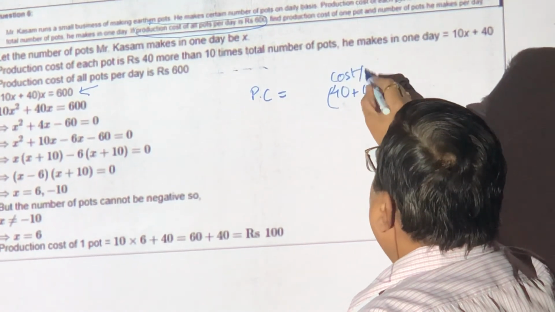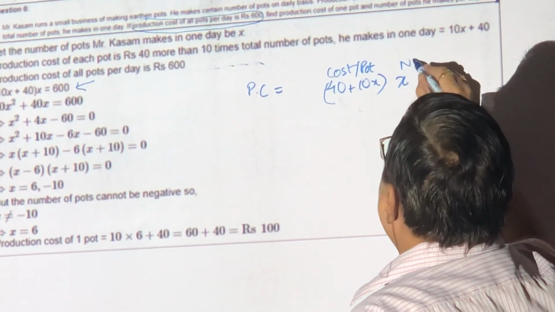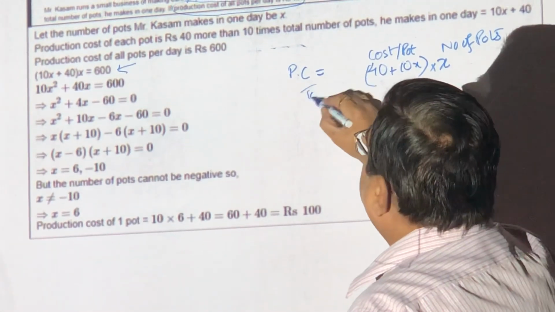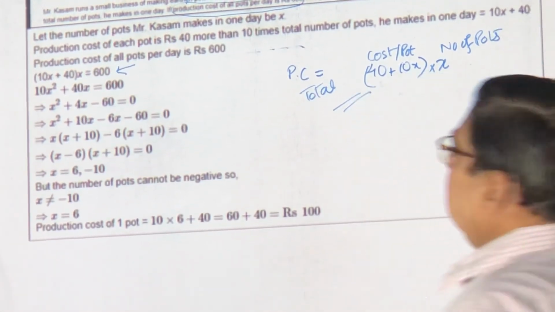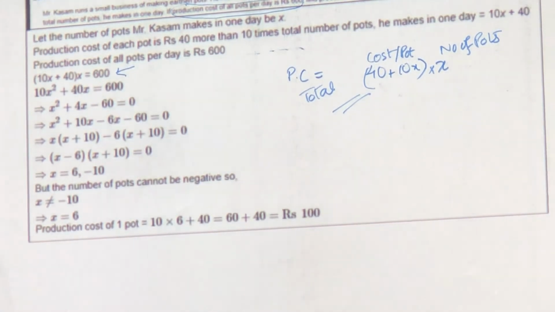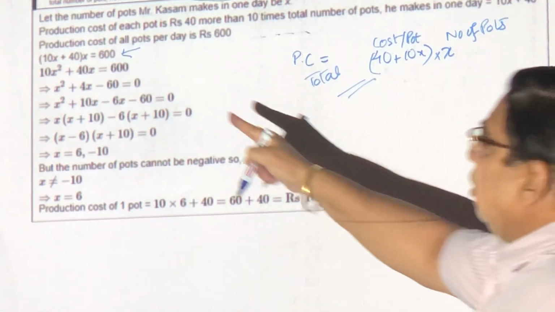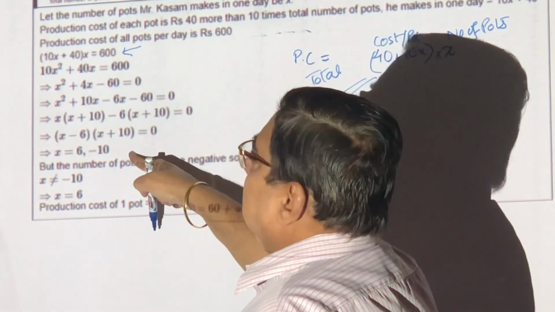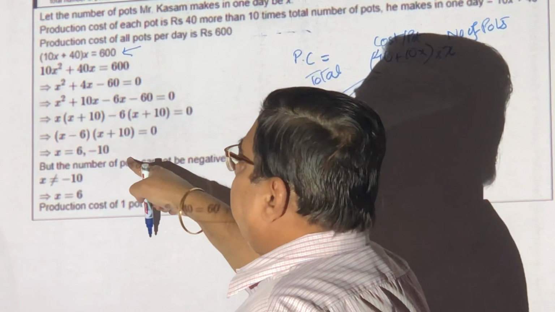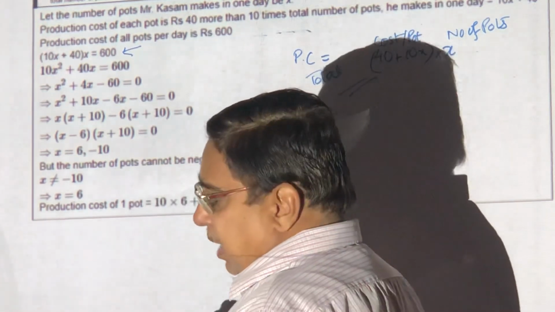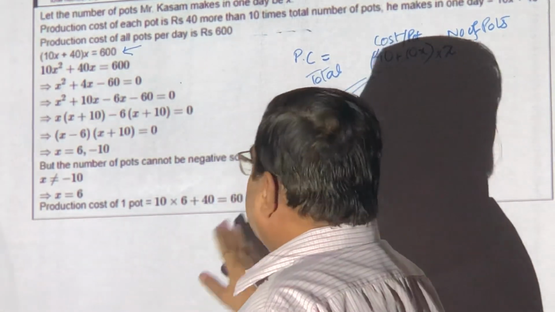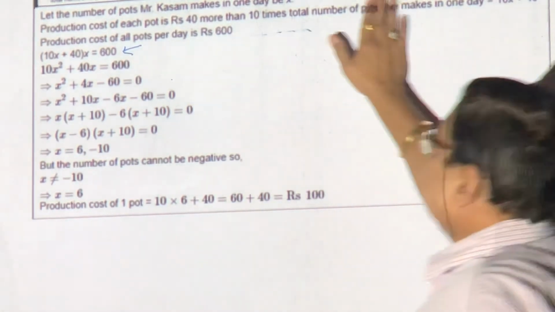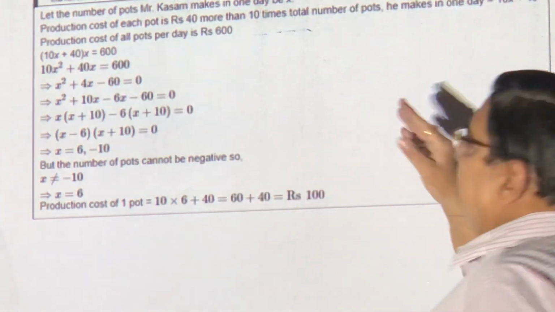Cost per pot into number of pots is the total production cost. Don't forget basic mathematics of 7th standard. That is how I get this equation with 600. Then make it standard form and find the factorization. Now pot cannot be negative, I can't make a pot with -2 rupees. Be careful and then write the answer. This is how I have explained to you. Be careful. Every word I have explained.